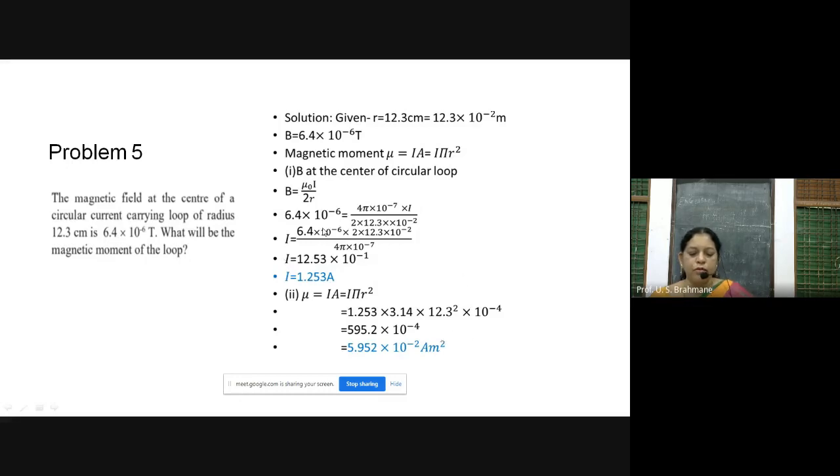These calculations are simple, but if there are complicated calculations like multiplication, you can have your rough work on one side and do it by log. So take a screenshot of this, children. So we will switch on to the next problem.